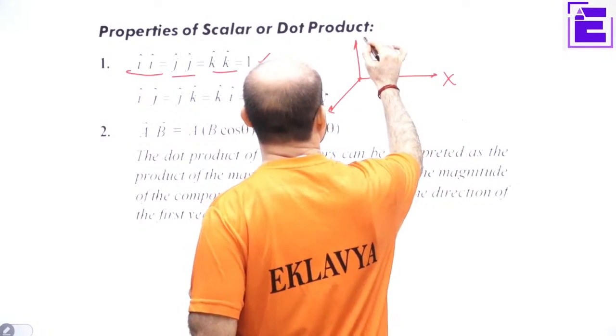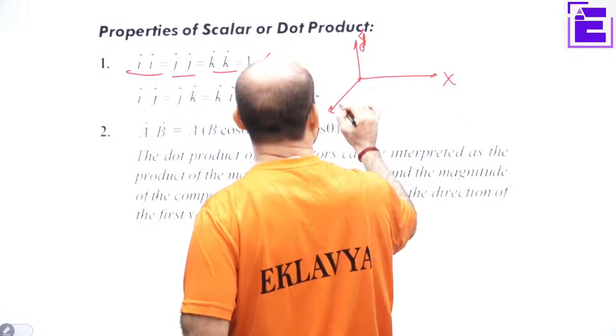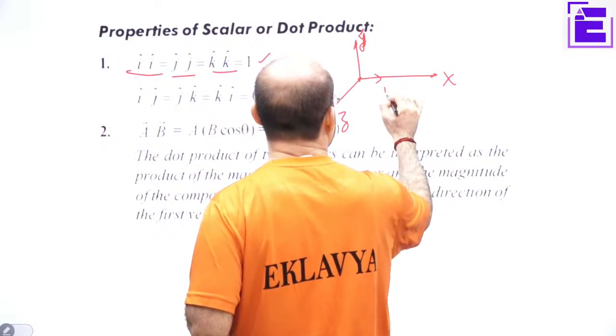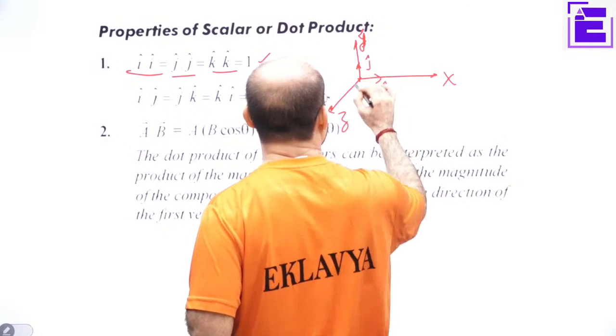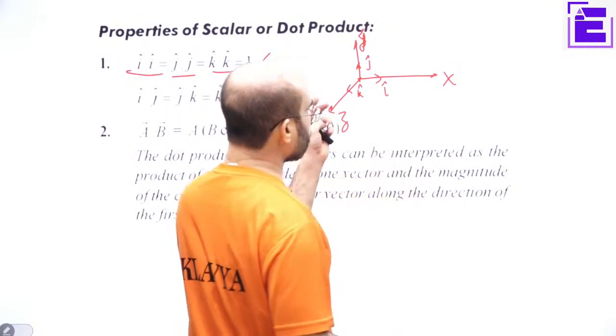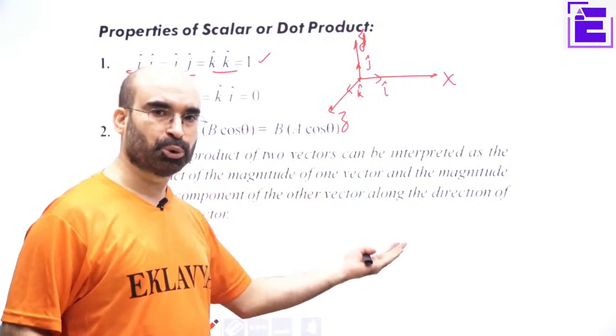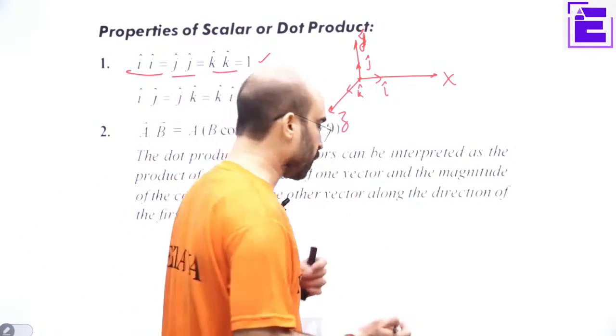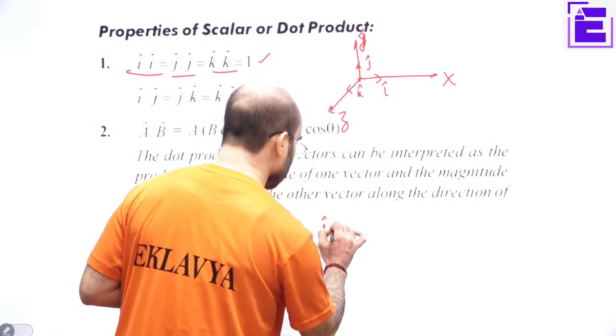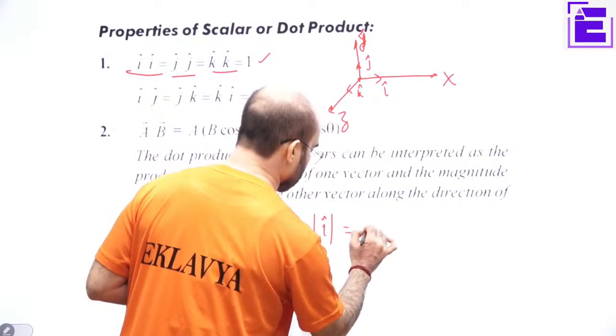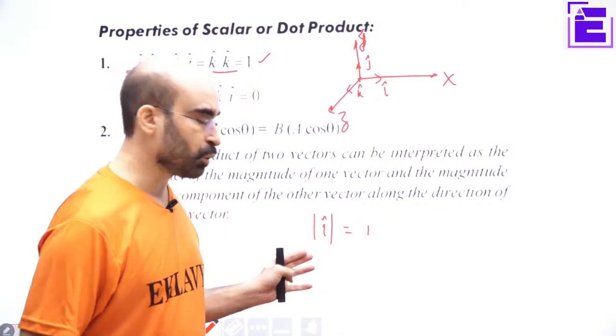This is x-axis, this is y-axis, this is z-axis. So this is I cap, this is J cap, this is K cap. You are aware of this, right? As per the basic concept which we have used right now in dot product, mod of I is what? 1, no? Magnitude, unit vector.